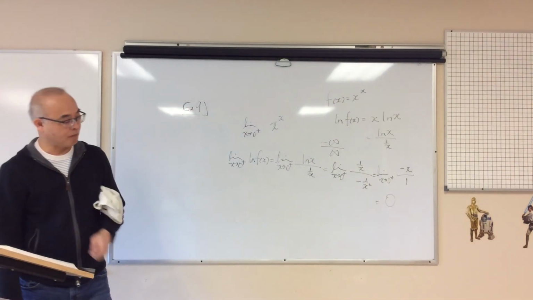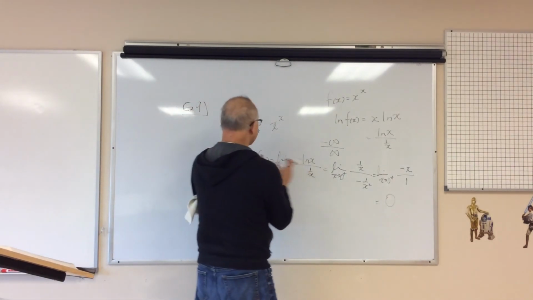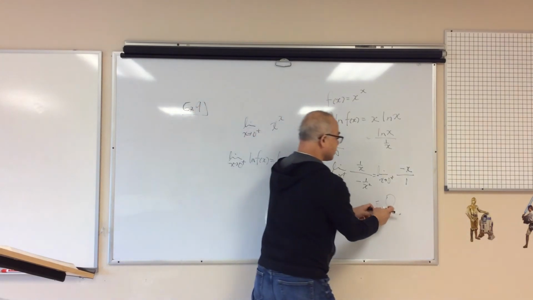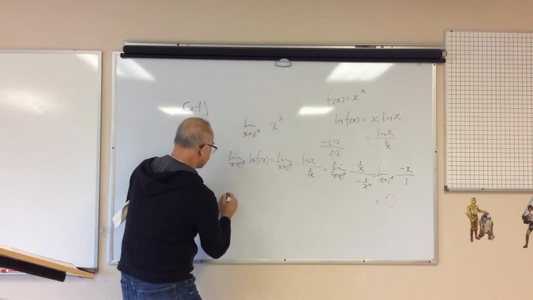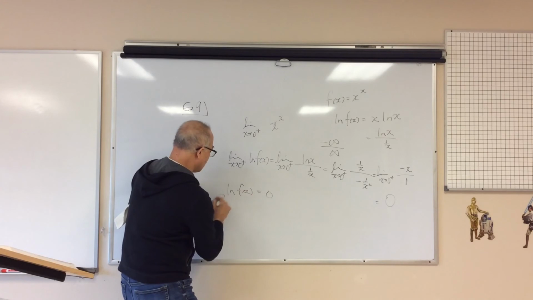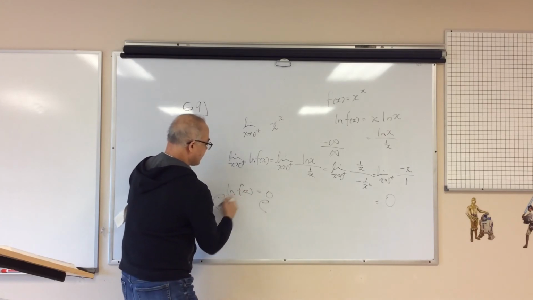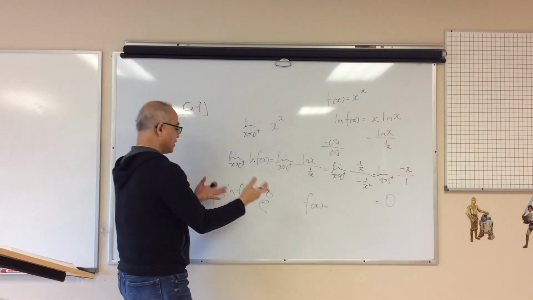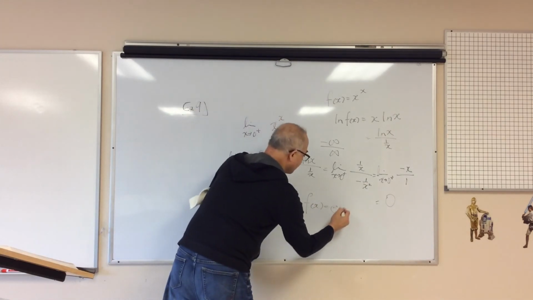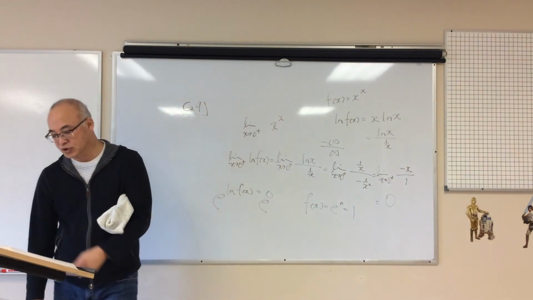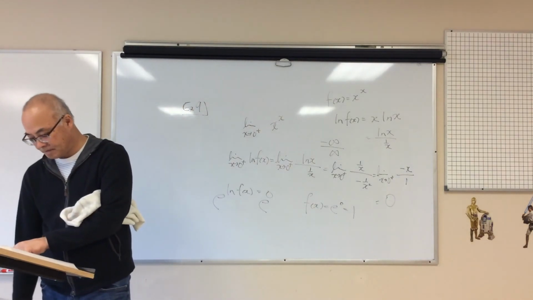Since the limit of the natural log of the function goes to 0, the f of x, when I take the limit, is going to be e to the 0, which is 1. So it approaches 1. Okay?